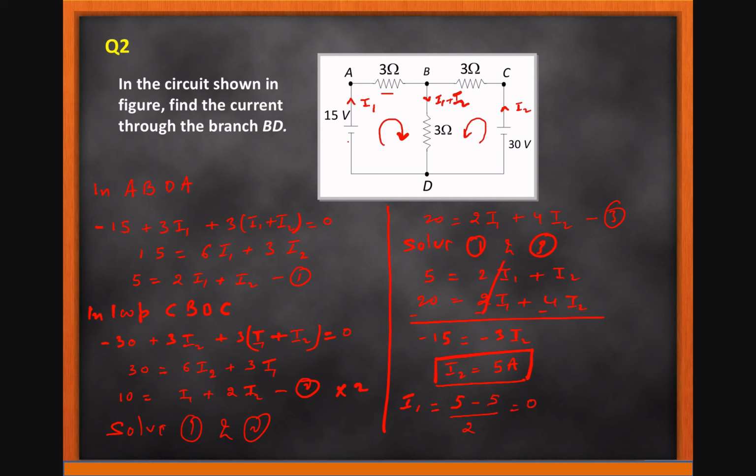So I1 is 0. So current passing through BD arm is I1 plus I2. It means 0 plus 5 is equal to 5 ampere. This is the answer. So current is 5 ampere.